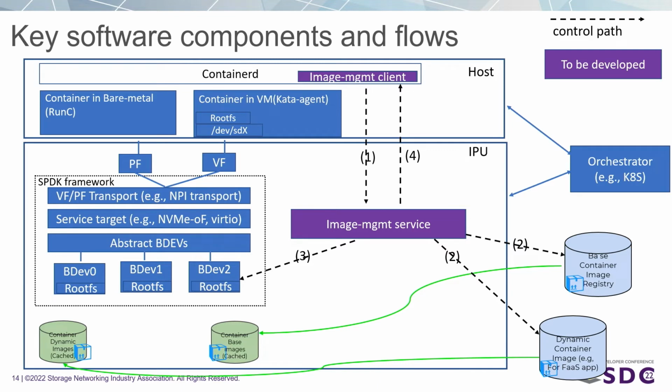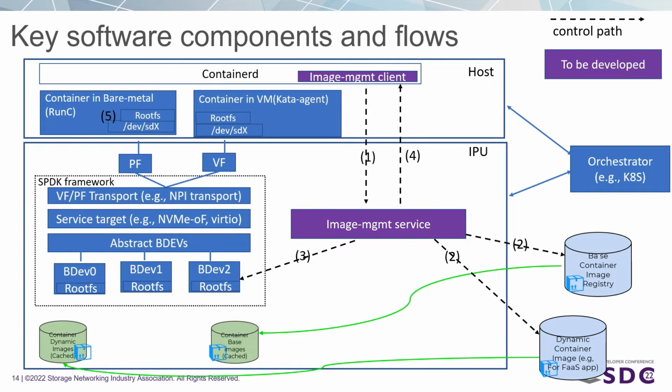And then use hotplug capability to notify host, oh, now here I have a new BDEV available. In the NVMe case, it means a new namespace is available. If you use a virtio block, it means, okay, there's a new virtio block interface available to host, right? And also tell the image management client, okay, the root file system image is ready.